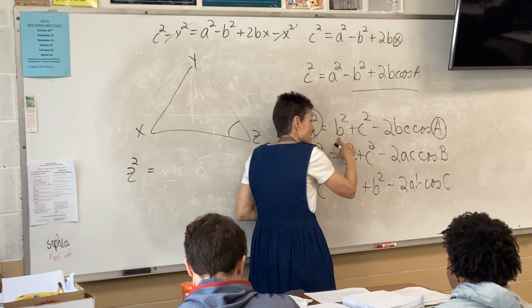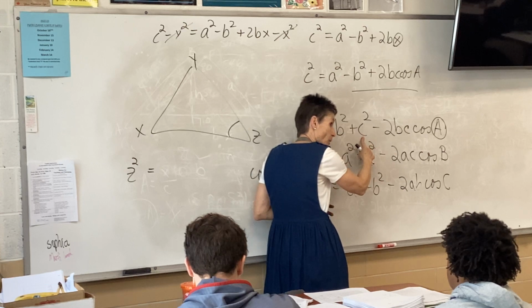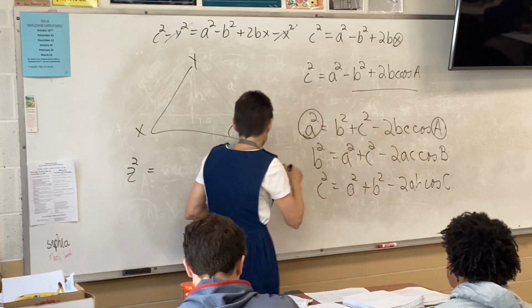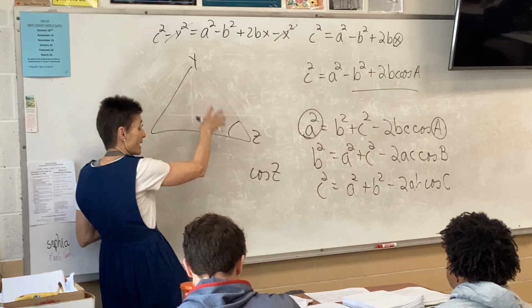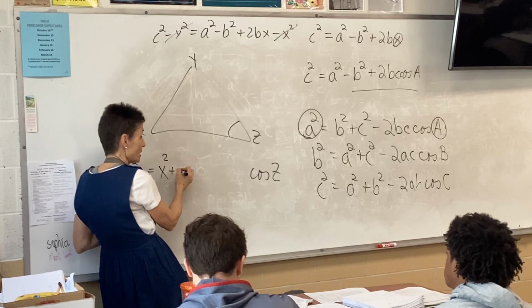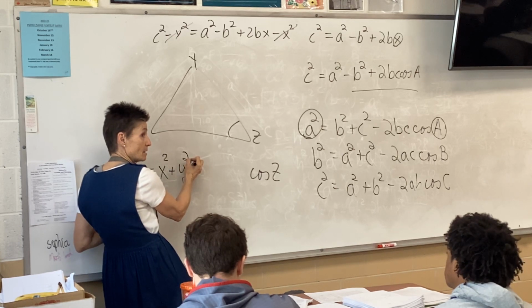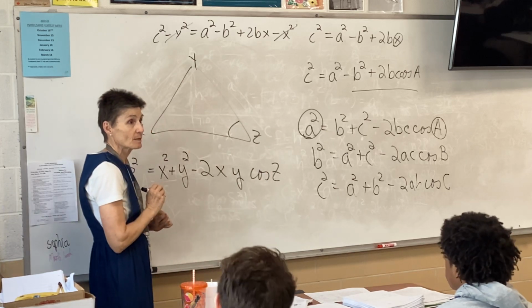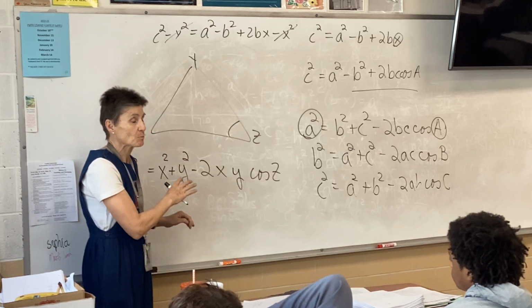So it's side squared plus side squared minus 2 side times side, and then my cosine. So in this triangle, it would be x squared plus y squared minus 2xy cosine Z. That's the pattern. That's what I want you to know.